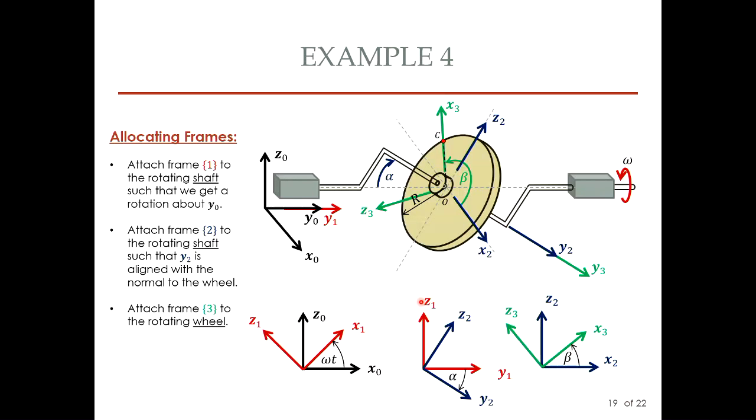Why x1, not x0? Because x1 remains oriented together with the shaft, it follows the shaft, whereas x0 is stationary. All right, so look at this drawing here. Try to see if you understand.